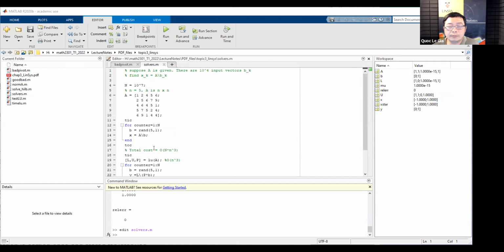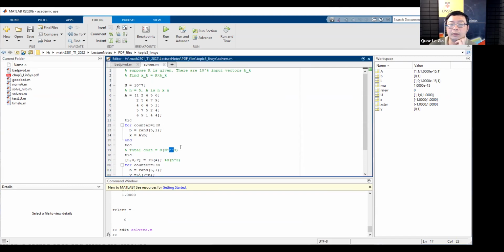If you solve them by Gaussian elimination directly, it will take about n cube flops each. Because you do it again and again, the total cost will be capital N, the number of linear systems, multiplied by n cube.